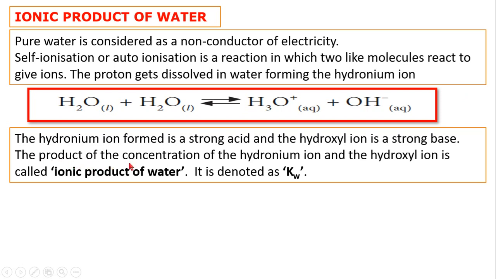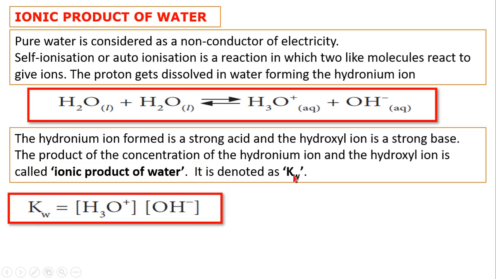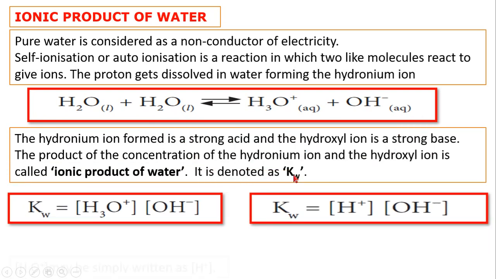The product of the concentration of hydronium ion and hydroxyl ion is called the ionic product of water. It is denoted as Kw. Kw means the ionic product of water, and it is mathematically expressed as follows.